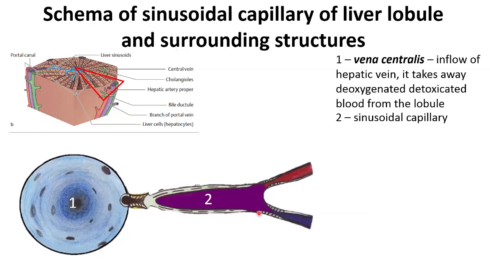And violet color is the result of this mixture of two types of blood.